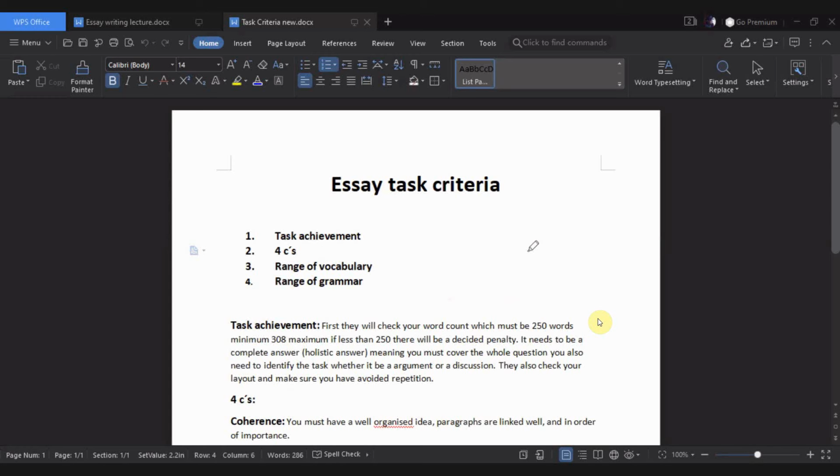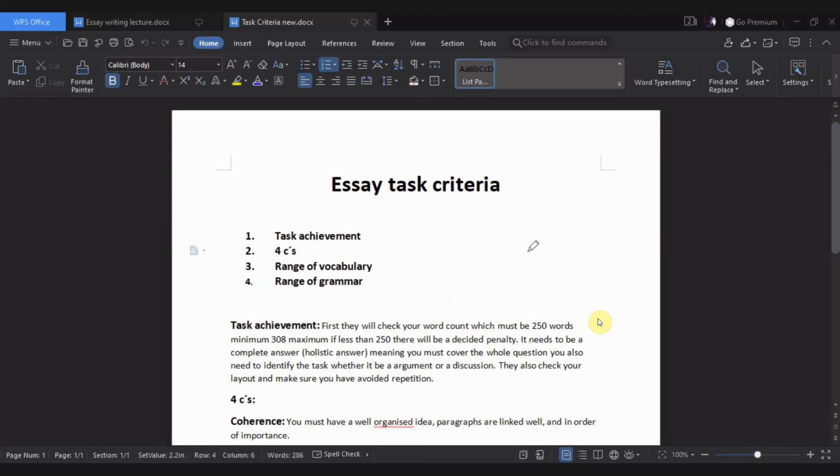So if it's asking you, for example, to describe the situation, describe the item that you lost, for instance, in your letter, and you fail to describe the item lost, then of course they're going to say you did not provide a holistic answer in your writing.